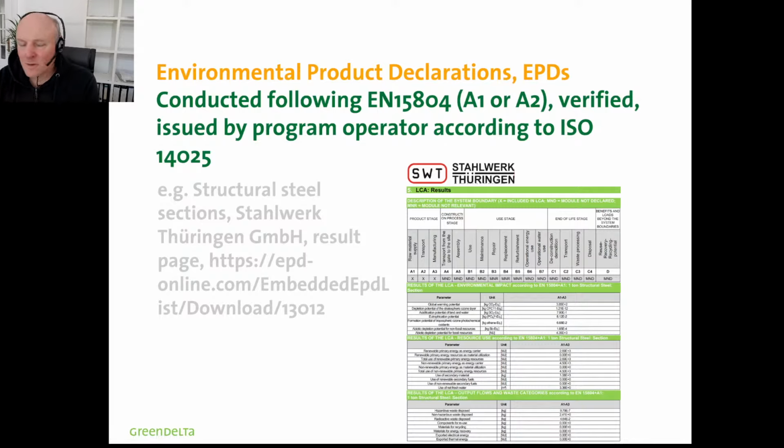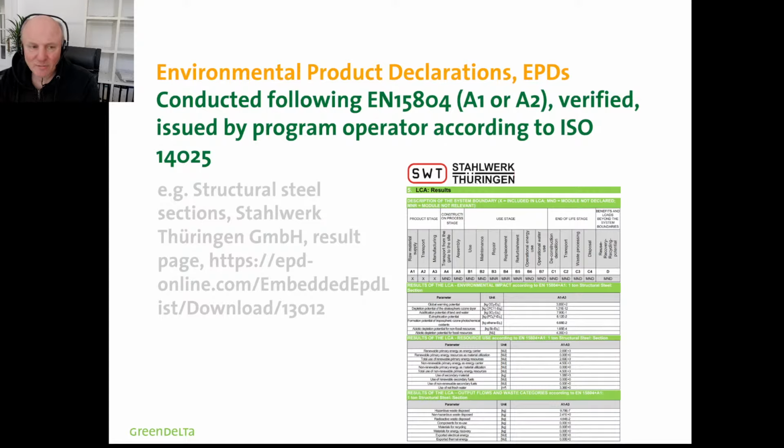This is maybe not too surprising, but just to bring it to your attention again: this is how EPDs, these environmental product declarations that are done following this EN15804, look like. Here is only a result page of one EPD. Every program operator is free to define its own template to some extent.